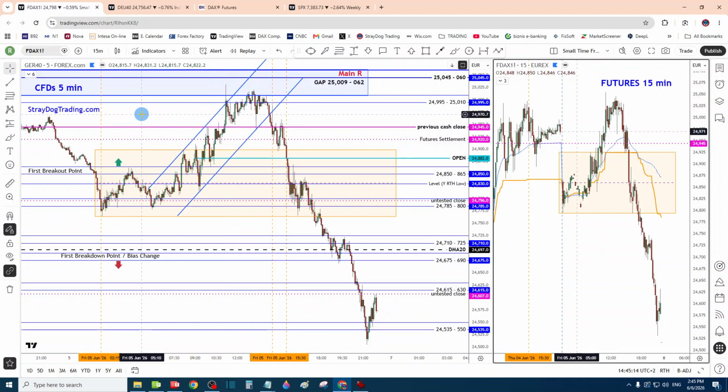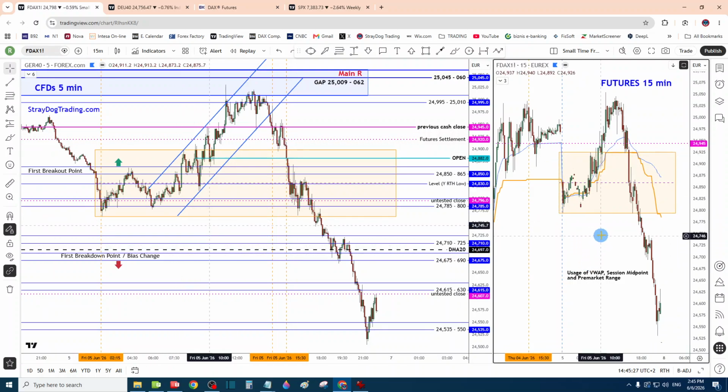Now, let's start this recap with the right side, because there you can see the usage of VWAP, session midpoint, and pre-market range. The pre-market range is this orange rectangle, which after the pre-market session is over, I just extend to the right so I can see potential reactions from that range later in the regular trading hours and in the after hours.